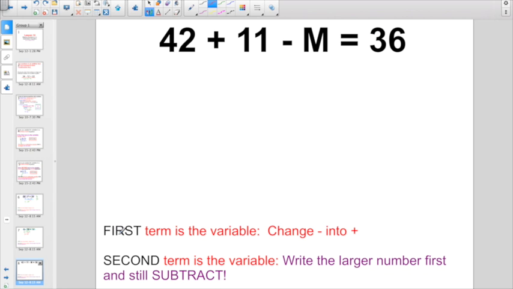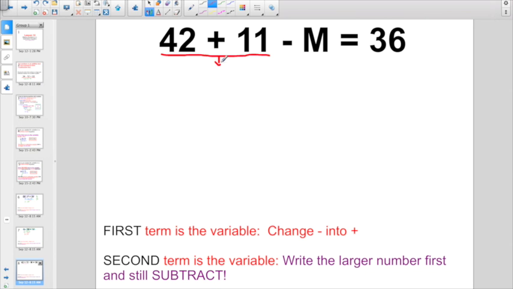Don't worry about it because obviously we have some terms to combine first. Don't worry about figuring out first term or second term until you're ready to isolate the variable, and we're not ready yet. We have to start off by combining 42 plus 11, right?